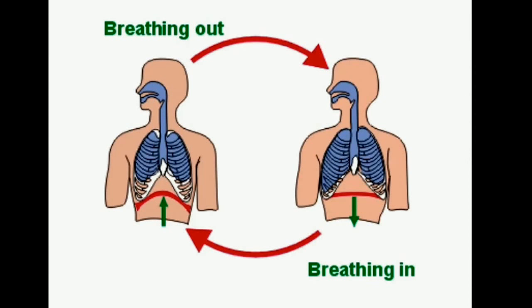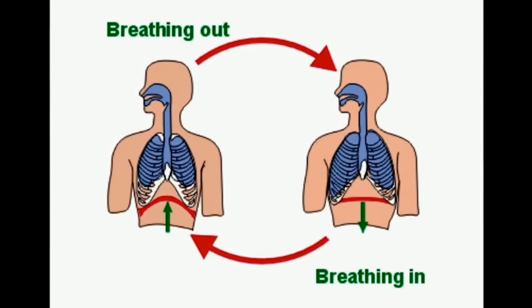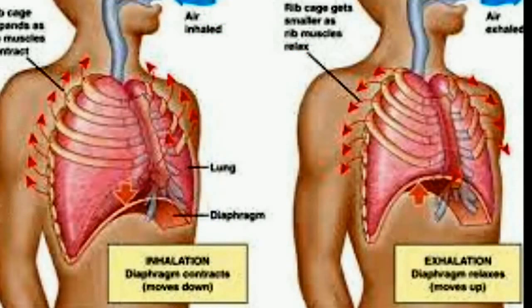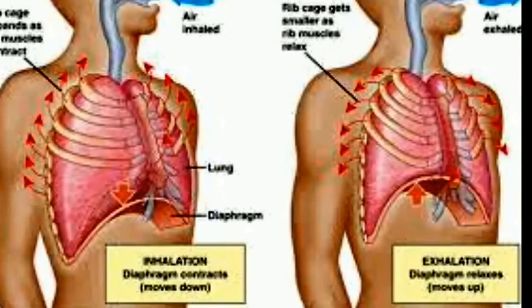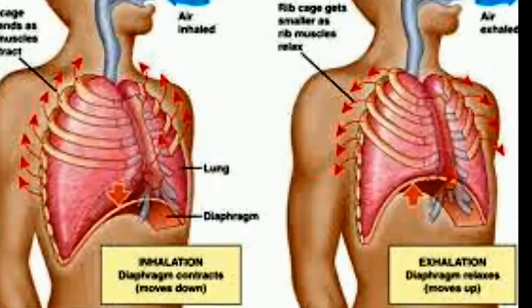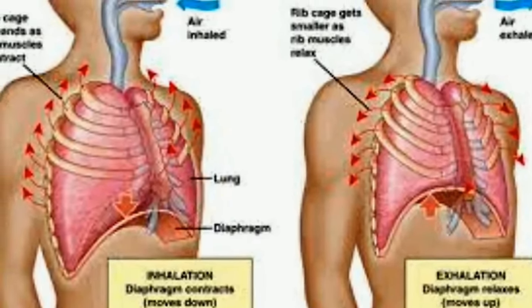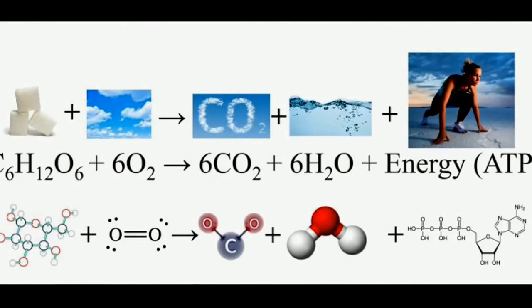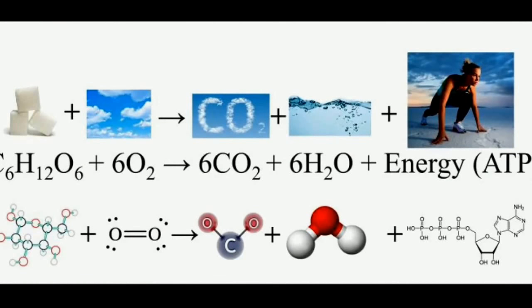So breathing in and breathing out are the first step in which exchange of gases takes place between atmosphere and respiratory organs. Various organisms have various types of respiratory organs.